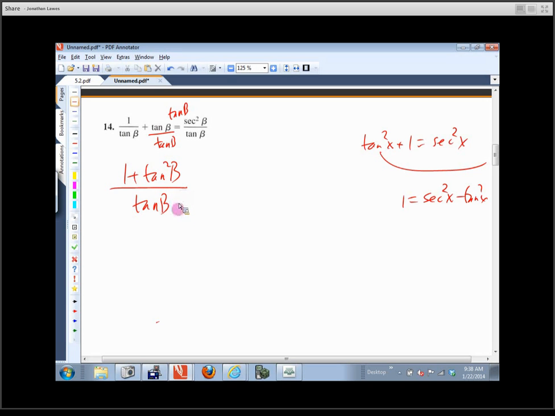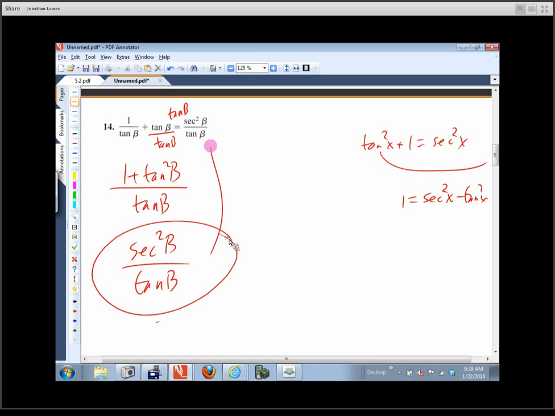Wait a minute. In one single step, I've got a tangent beta on the bottom, which is what I want, and I've got 1 plus tangent squared beta on the top, which is secant squared beta. Now, those other methods that we went through, tried working on this side, got to a complicated spot, tried writing in terms of sines and cosines, got to a complicated spot.